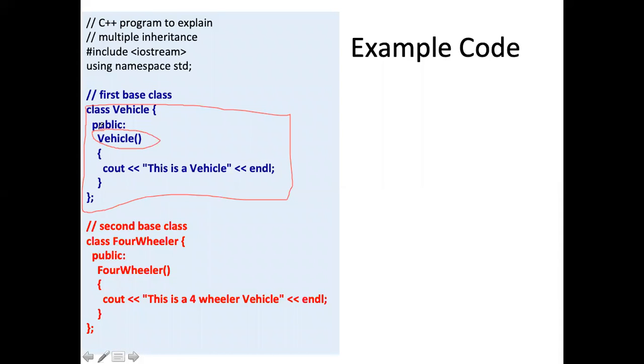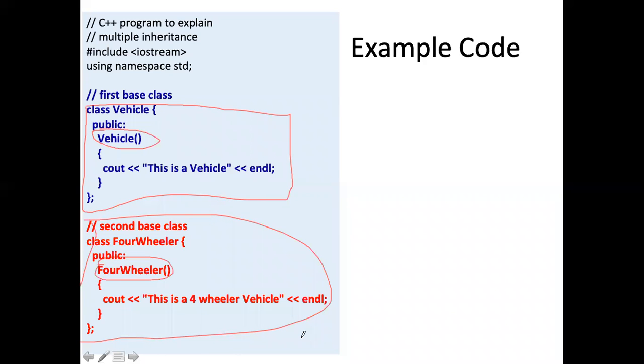And then here is a second base class, और उसके अंदर भी you have the constructor for the second base class. The name of the first base class is vehicle, and the name of the second base class is four-wheeler. And then we have the constructor associated with each of these two classes. ठीक है, so vehicle का अपना constructor है और four-wheeler का अपना एक constructor है.